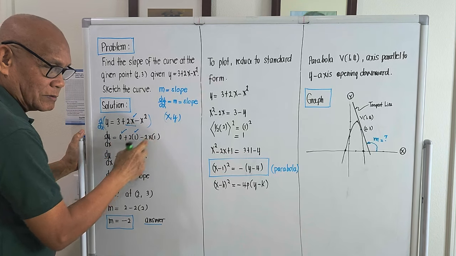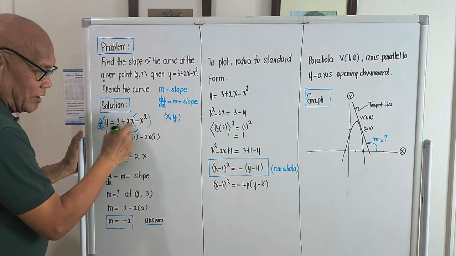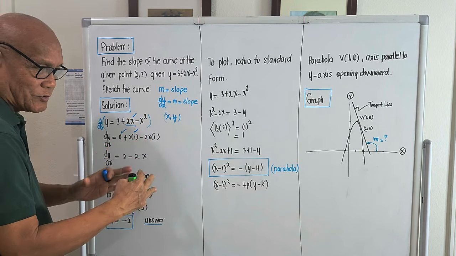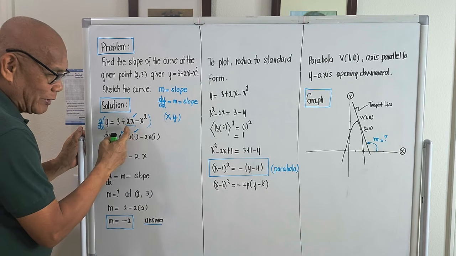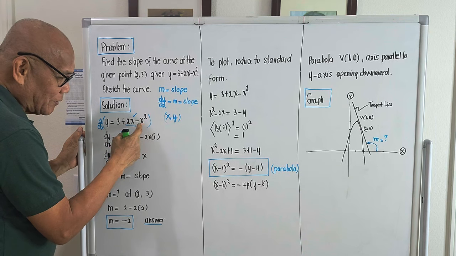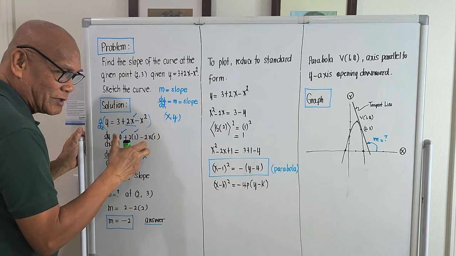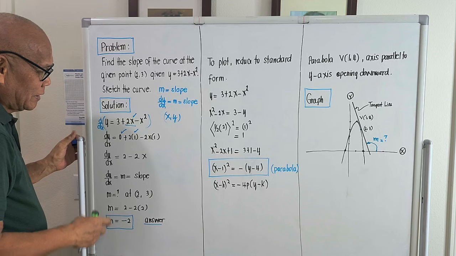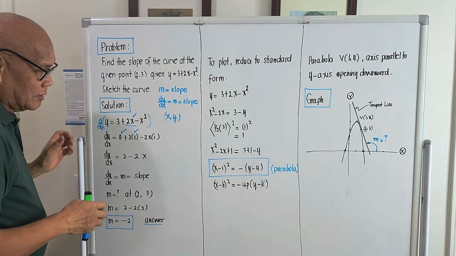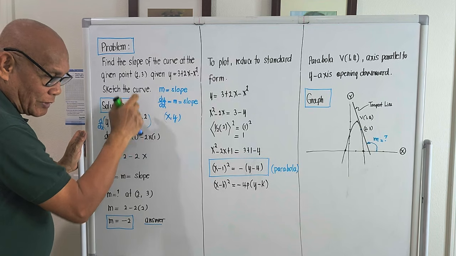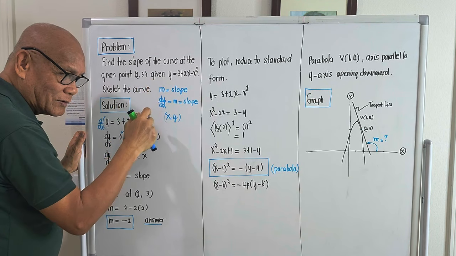The last one involves 3 different types of differentiation: derivative of a constant, derivative of a constant times a function, and the derivative of what we call an exponential function. The derivative of x squared falls under the so-called power formula, which is n times u raised to n minus 1 times du/dx.